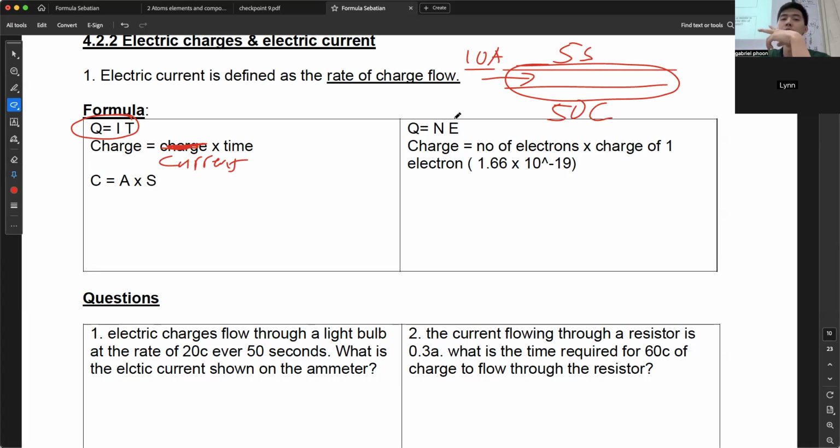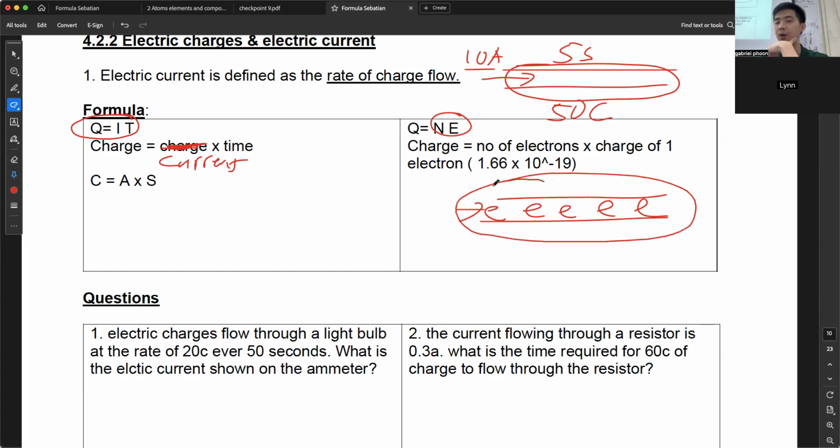The second formula depends on the number of electrons that flow through the wire. For example, say I have such a wire again, and in a very unlikely scenario, exactly 5 electrons flowing through this wire. To calculate how much charge flows, you need to multiply the charge of one single electron by the number of electrons.